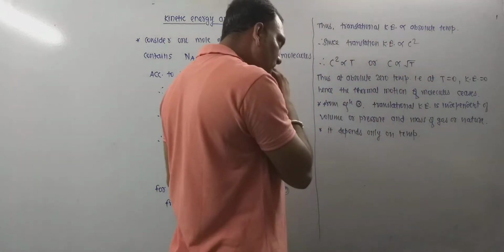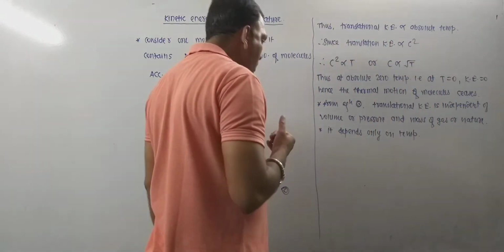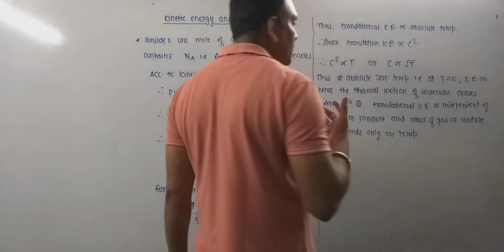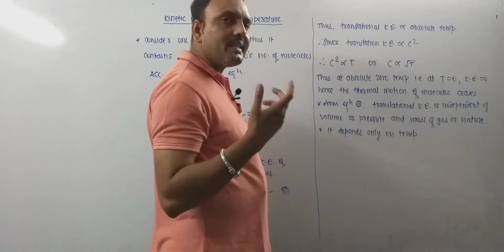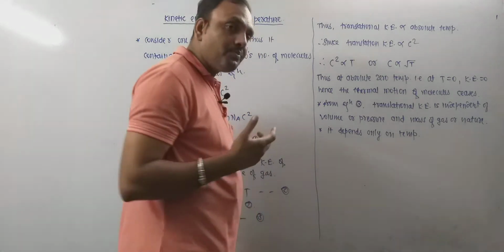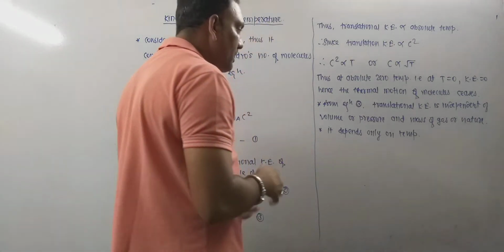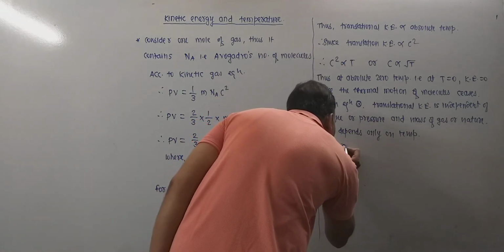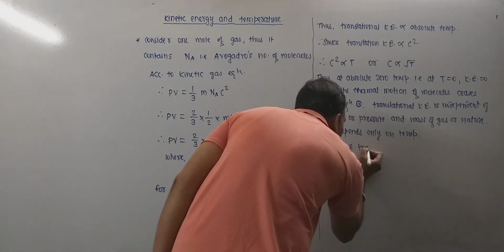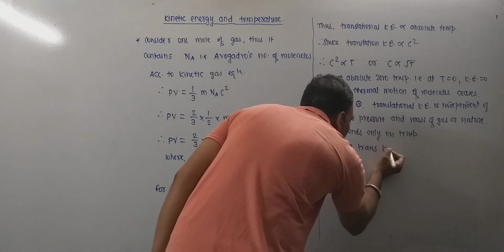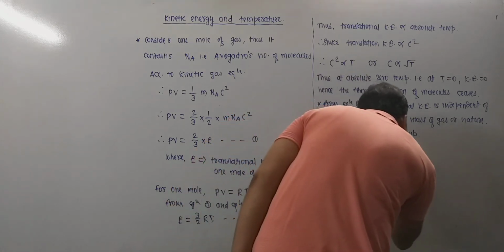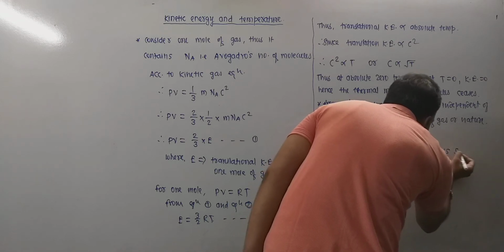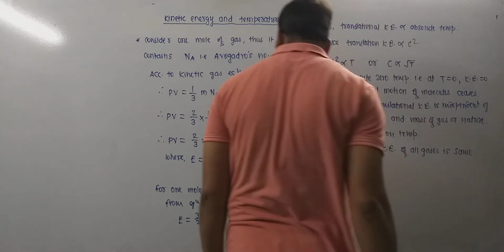Thus clearly we can come to the conclusion that the average translational kinetic energy for all gases is the same, though the molecular velocities are different. So it is very important thing. Average translational kinetic energy of all gases is same as it depends upon the temperature.